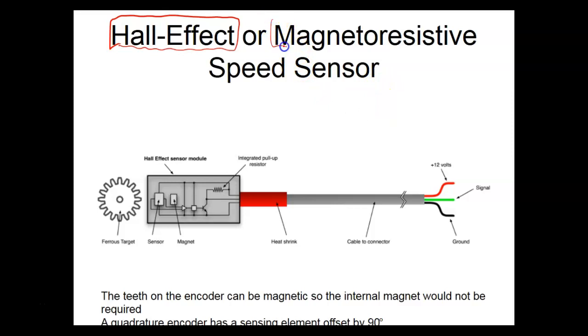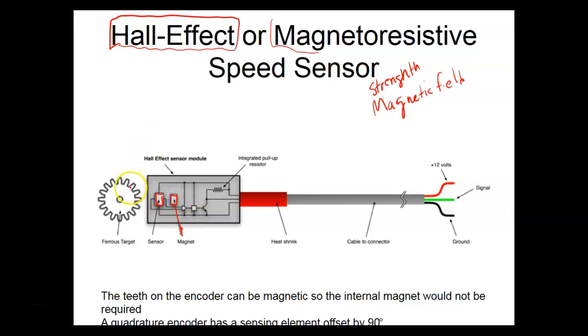Magnetic field, yeah, they sense magnetic field. But it also senses the strength of the field, the way it's set up here. So this was the example we used on the Hall effect. Here on this sensor, we have a magnet behind the Hall effect, and then the Hall effect is right here.